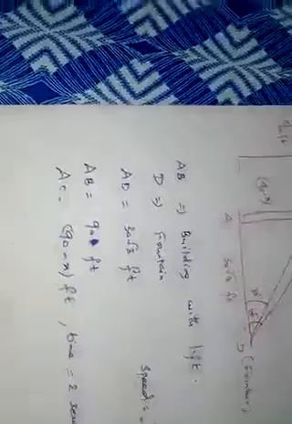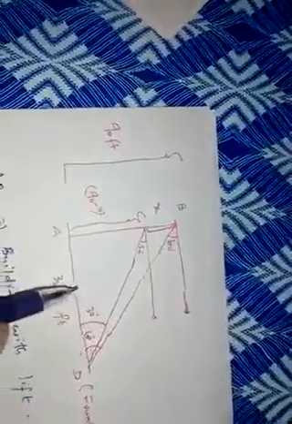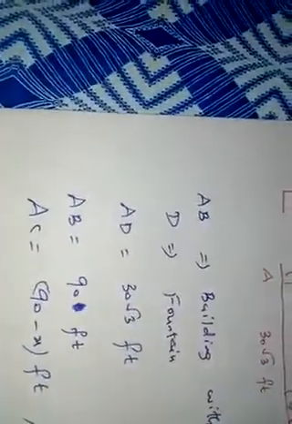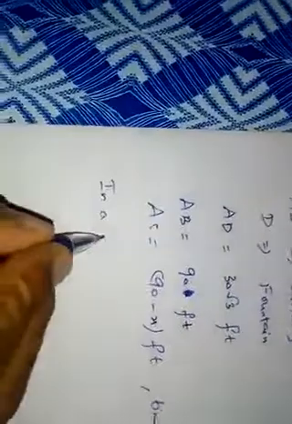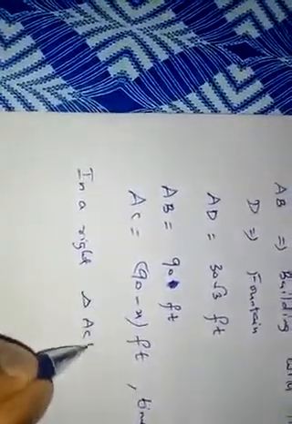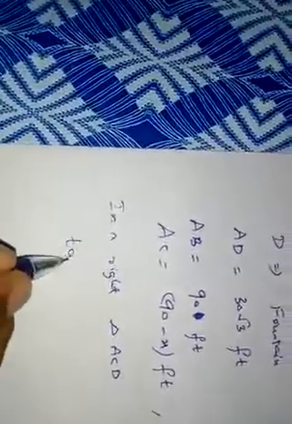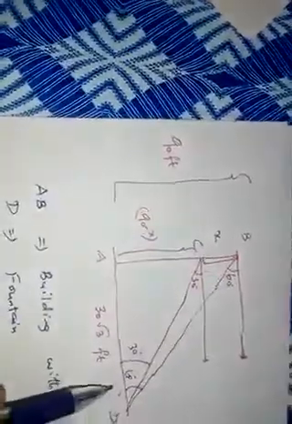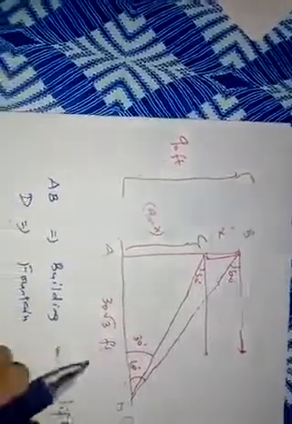So now what we have to do? Now I am going to take in a right triangle ACD. In a right triangle ACD, tan theta is equal to, the formula is opposite side by adjacent side. So what is the theta value? Theta is 30 degree.